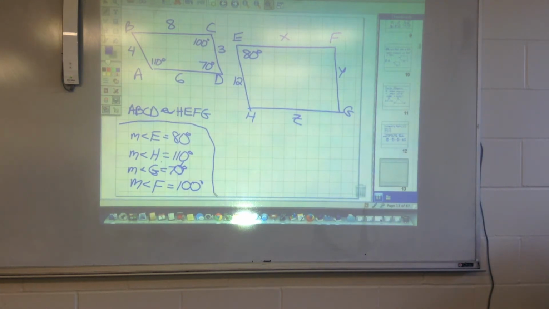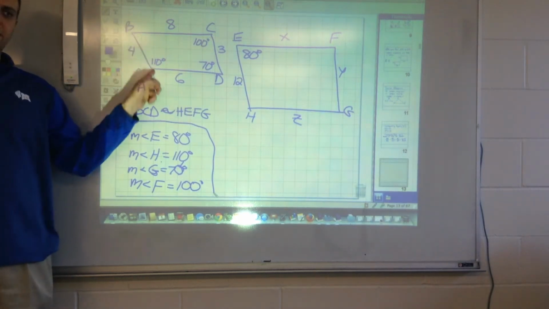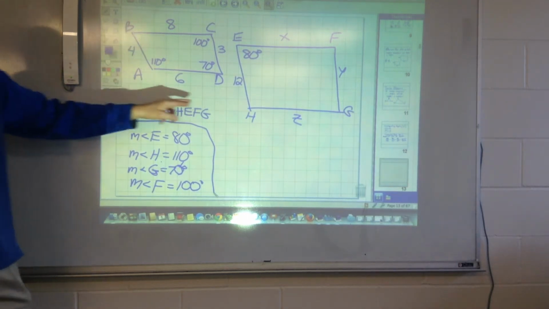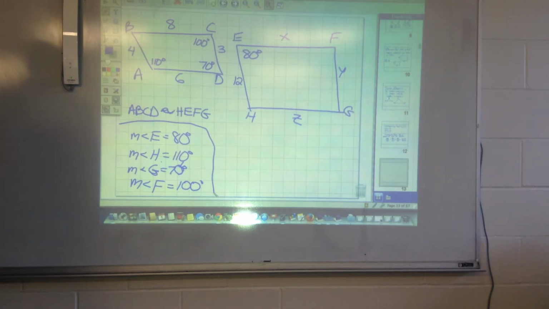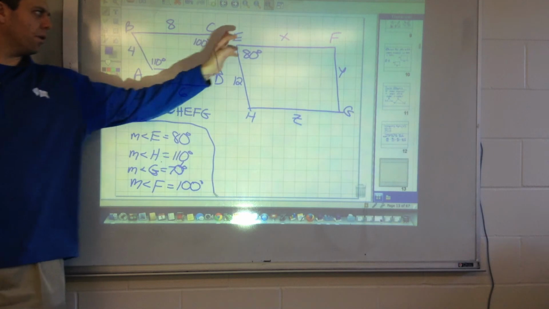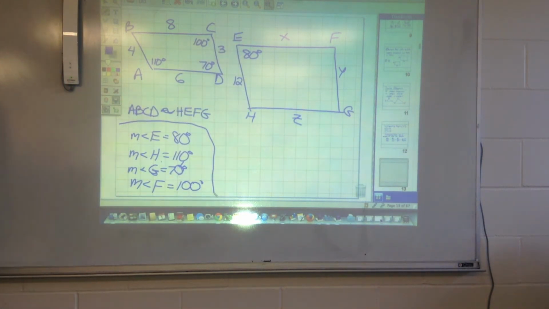Now the sides are not equal, but they are in proportion to one another. Okay? Side AB corresponds to which side in the other figure? HE. So AB corresponds to HE. So would it be okay if I wrote 4 over 12? Okay?